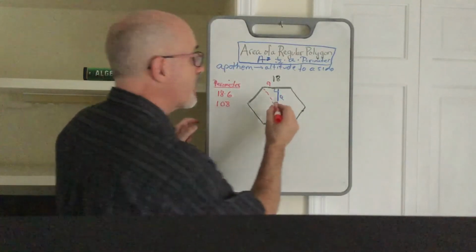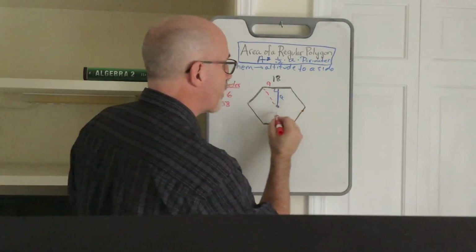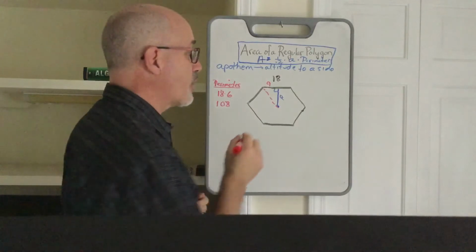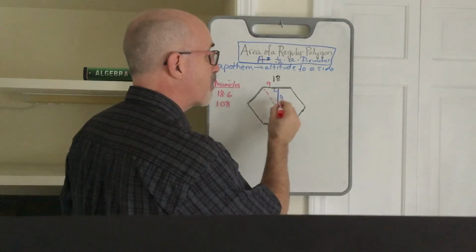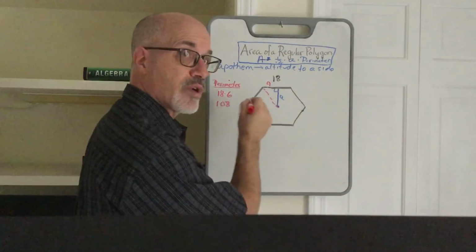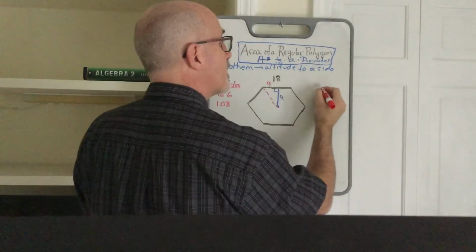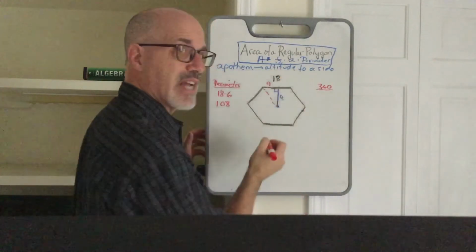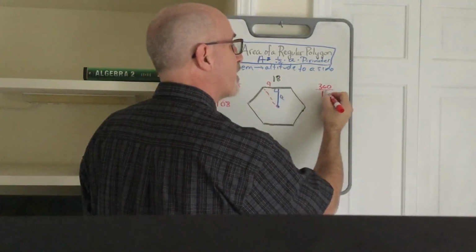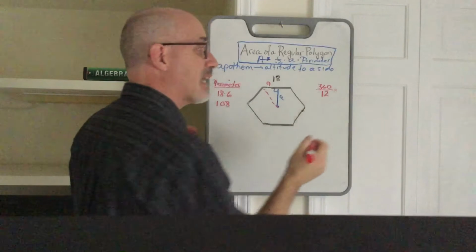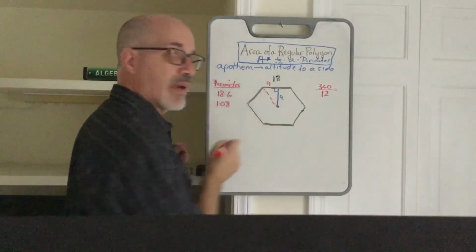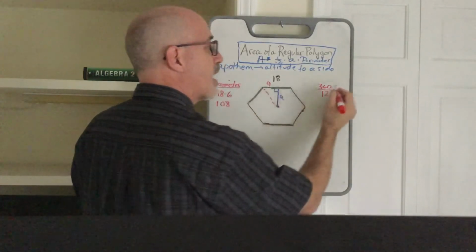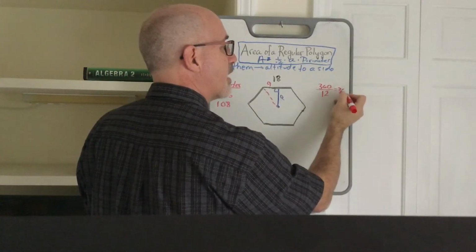All the way around here is 360, so the angle is going to be 360 divided by double the number of sides, in this case 12, because there are 12 triangles. So it's going to be 30.